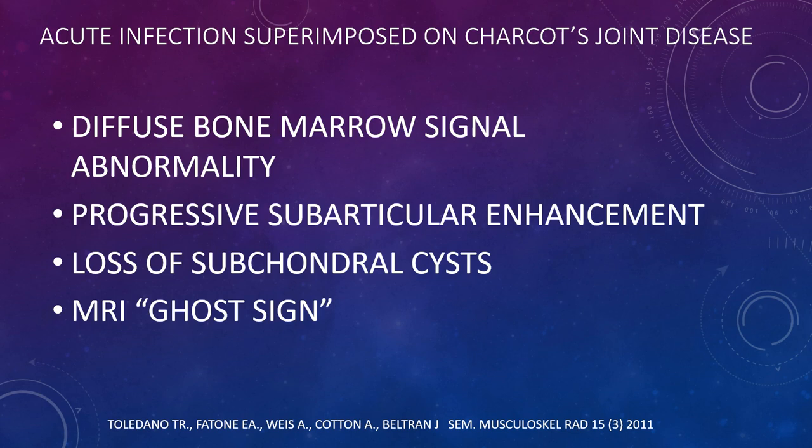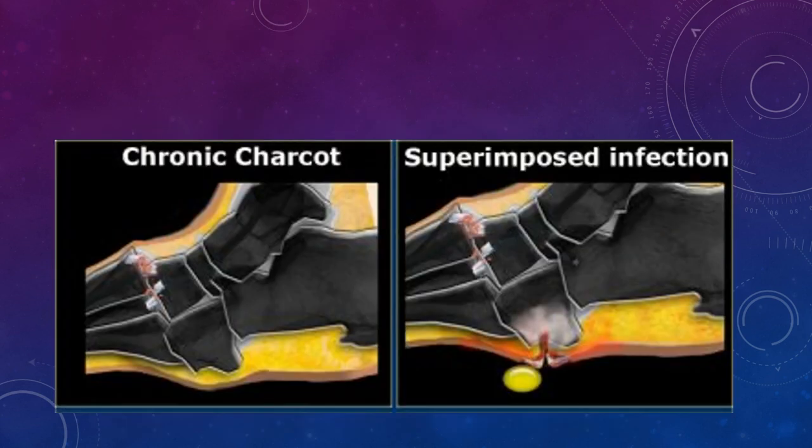When we have acute infection superimposed on Charcot's joint disease, the typical sequence being swelling, redness and warmth, then progressive deformity, then the development of an open wound or ulceration, the differential diagnosis becomes more difficult. We just see diffuse bone marrow signal abnormalities, progressive subarticular enhancement, and loss of the subchondral definition with subchondral cysts.